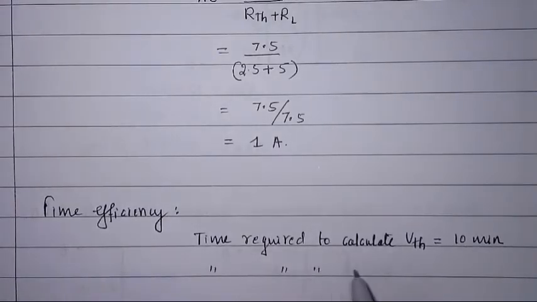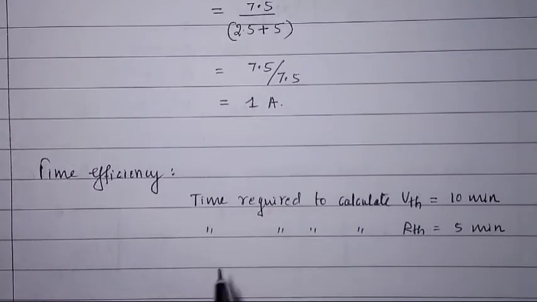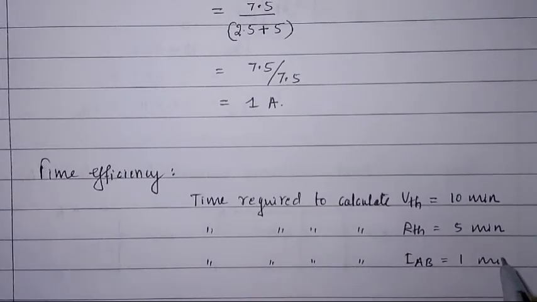Time required to calculate RTH, say we have taken 5 minutes. Time required to calculate IAB, say we have taken 1 minute. In total we have taken 16 minutes.